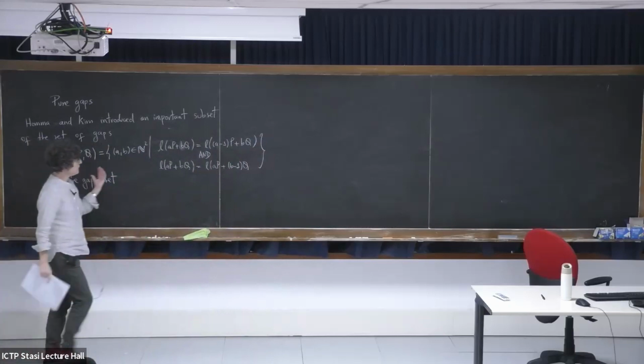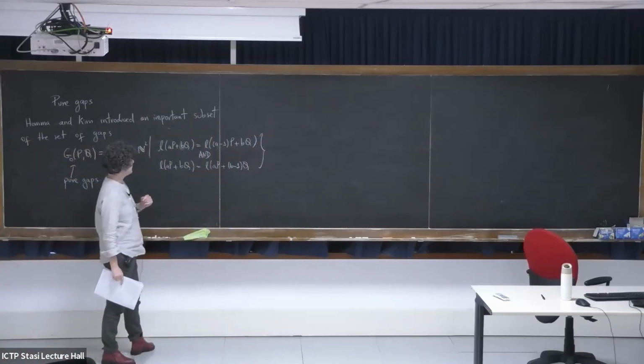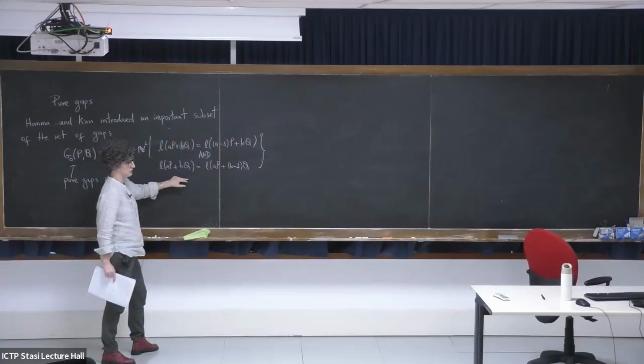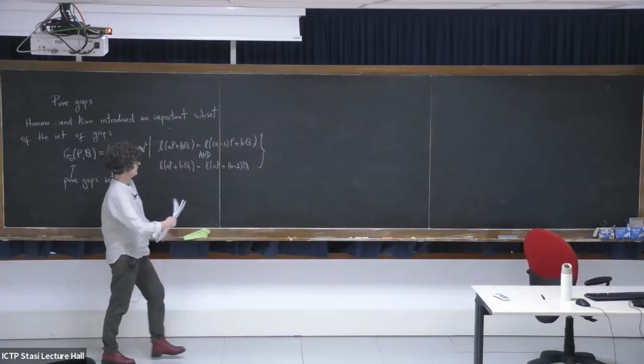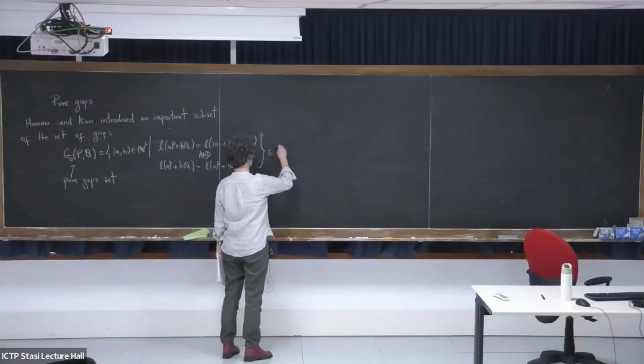So remember from yesterday, being a gap meant that you had this equal or this equal. Now you want both equal. So for sure, this is a subset of the gaps at the 2 points.